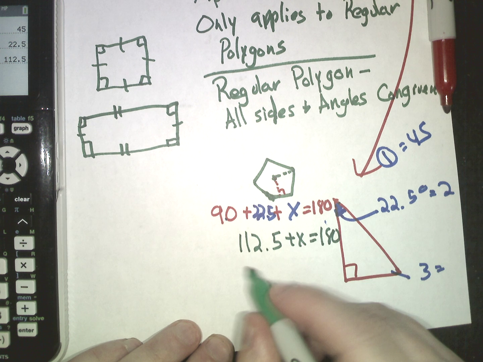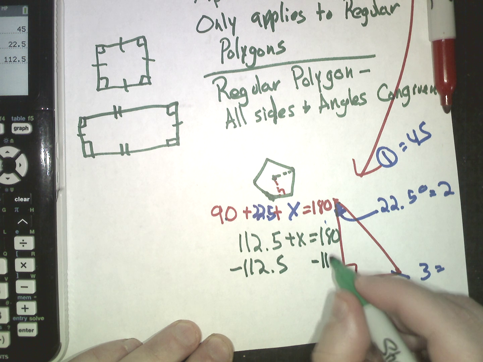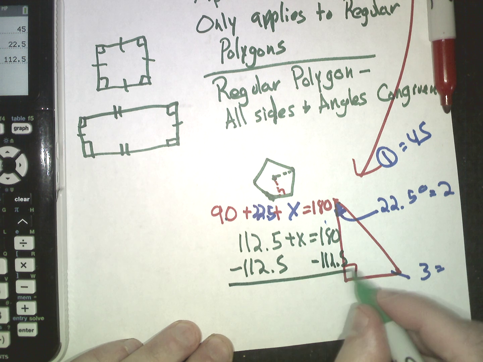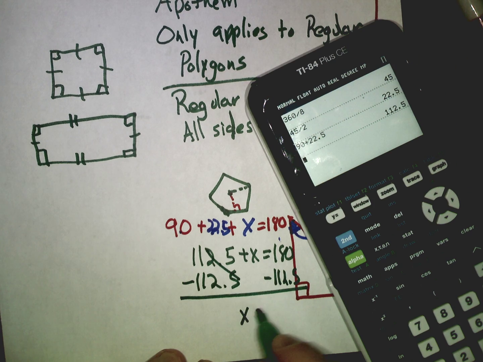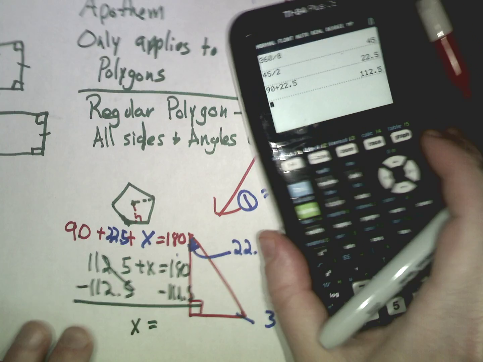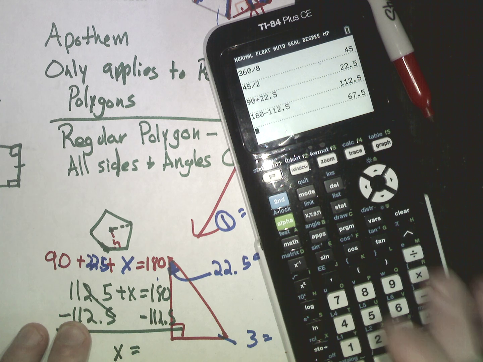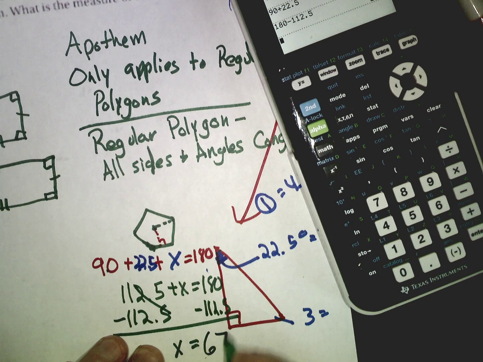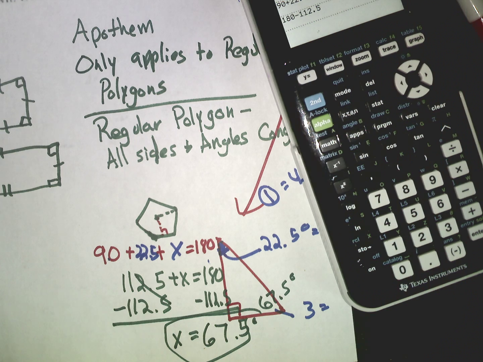Simple algebra: subtract 112.5 from both sides. We know how to do that. We've been doing it for years. This becomes 0, and x equals 180 minus 112.5. Use the calculator, and I get 67.5 degrees. So this angle 3 is 67.5 degrees.